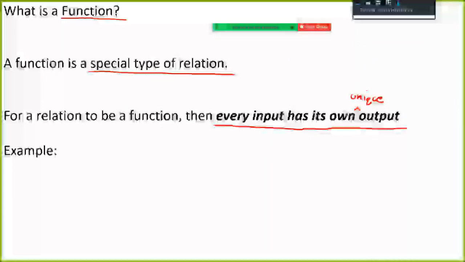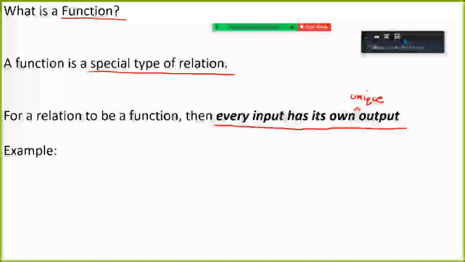So in order for any relation that we are working with or are given, in order for us to say it's a function, we've got to check this requirement, make sure that every input has its own unique output.